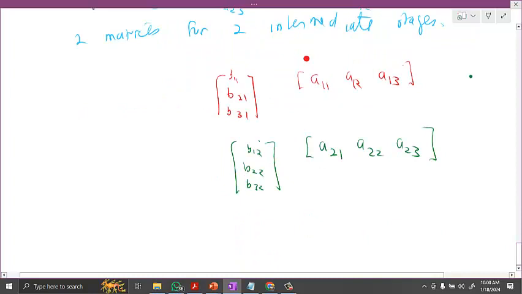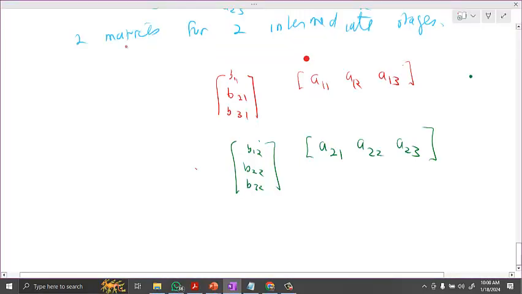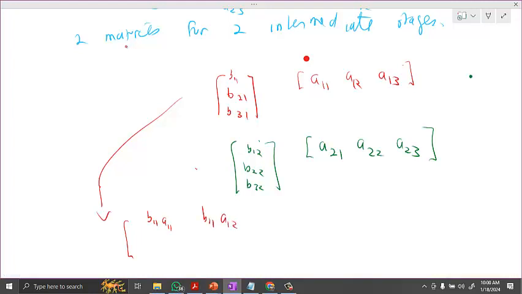So if I do the first matrix product, if I go back and do that, it's going to give me B11A11, B11A12, B11A13.